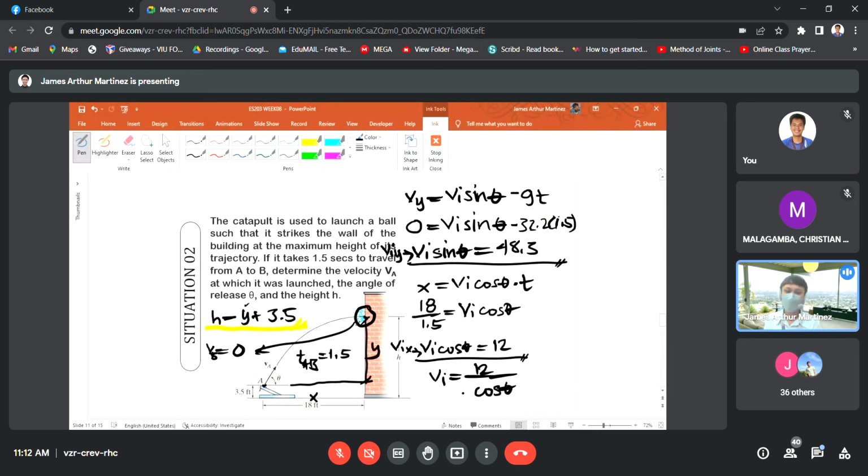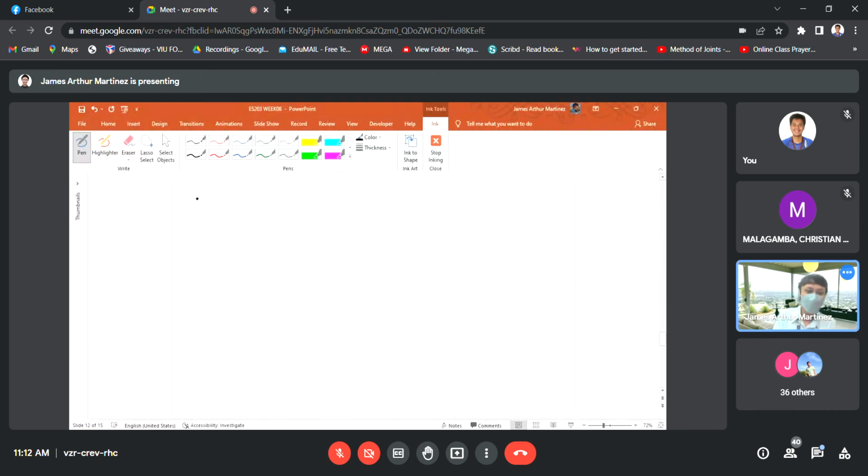So you'll have this equation. We have expressed Vi in terms of its angle of inclination. We substitute it into the other equation, Vi sine theta is equal to 48.3. So the resulting equation would be 12 over cosine theta times sine theta is equal to 48.3.